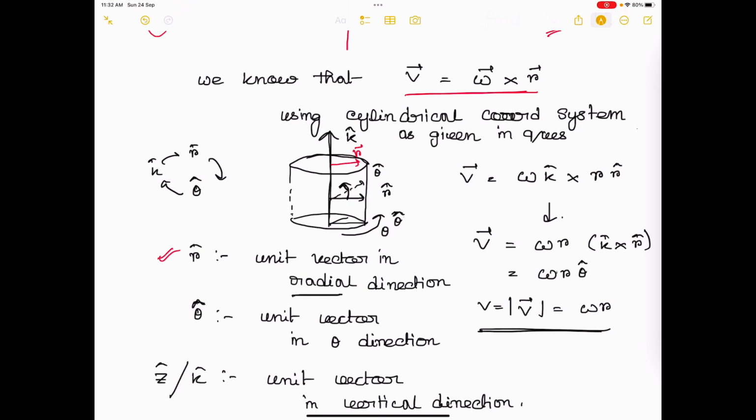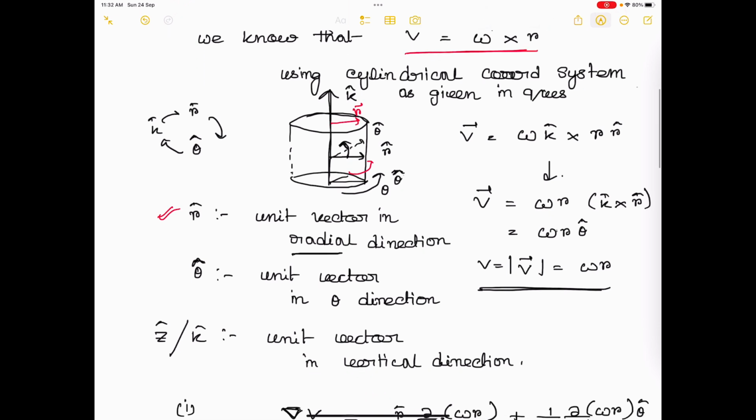Theta cap is this movement, the curvature direction, the unit vector in the theta cap direction, and z cap is the perpendicular direction, that is the k cap direction also. So it's a unit vector in the vertical direction.